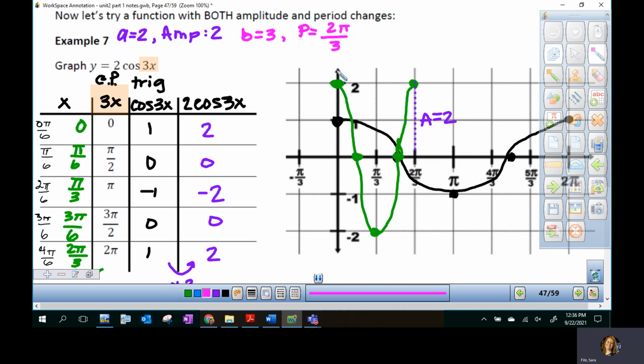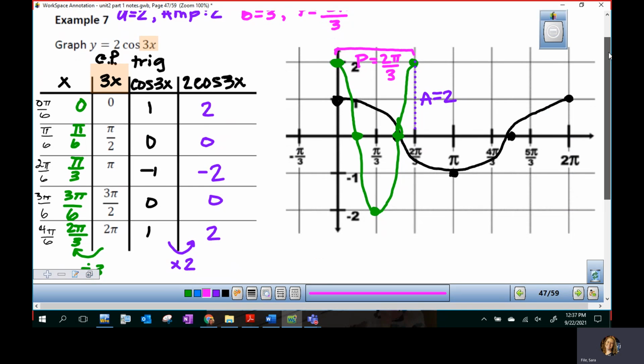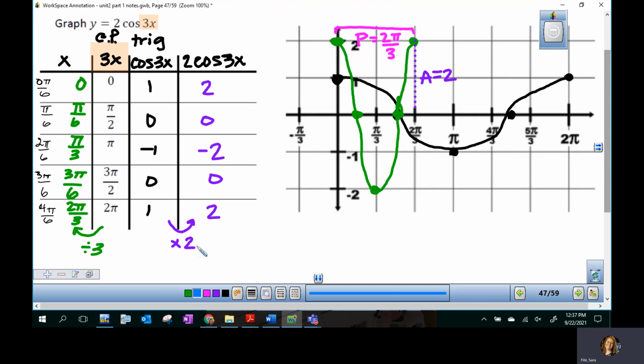Okay, the period, high point to high point. 0 to 2 pi thirds is 2 pi thirds. Is that what we said it should be? Yes, it is. So it looks like I've graphed it correctly. And I'm going to put the description you told me at the beginning without even knowing what the graph looked like. Just looking at those numbers, you told me the description of the transformation, but now you can see it.